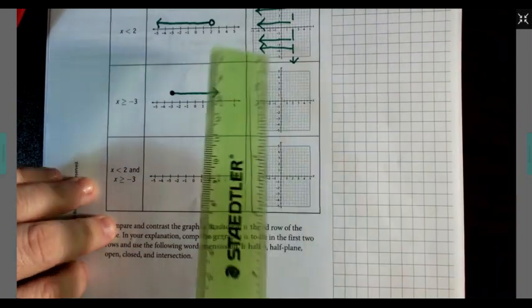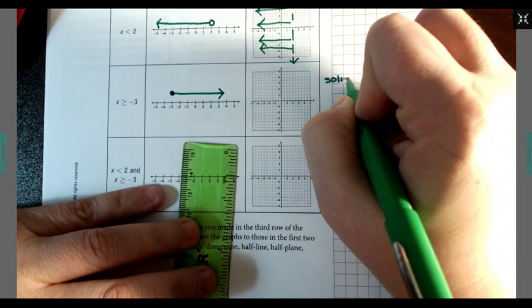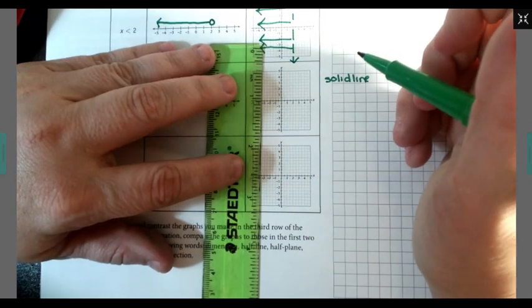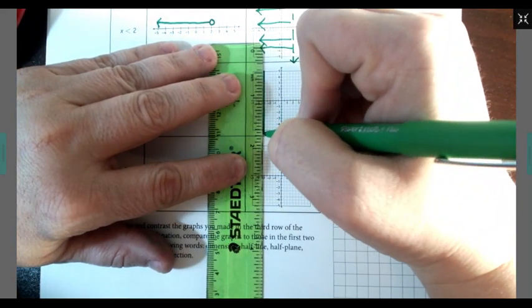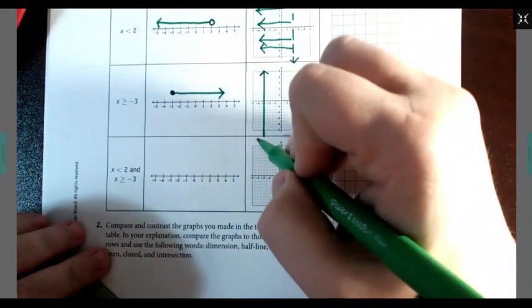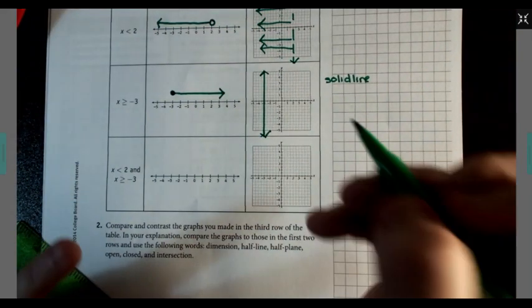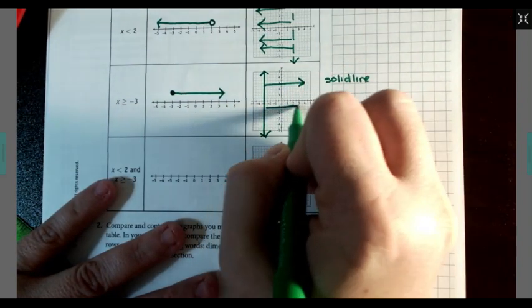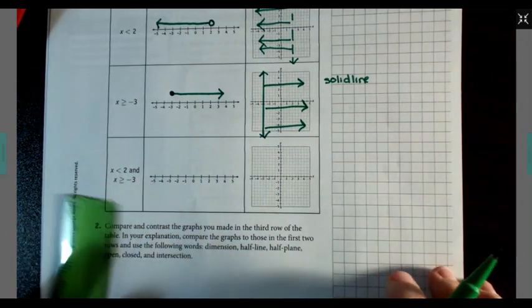So we are going to do a solid line at -3. Now remember, x equals is a vertical line up and down at -3, and it is going to include all the ordered pairs that are located to the right of it.